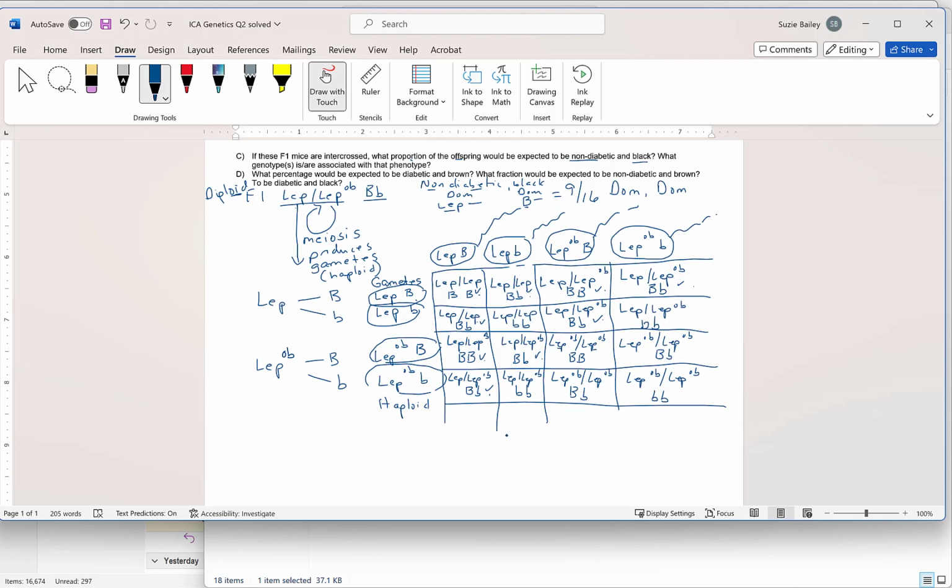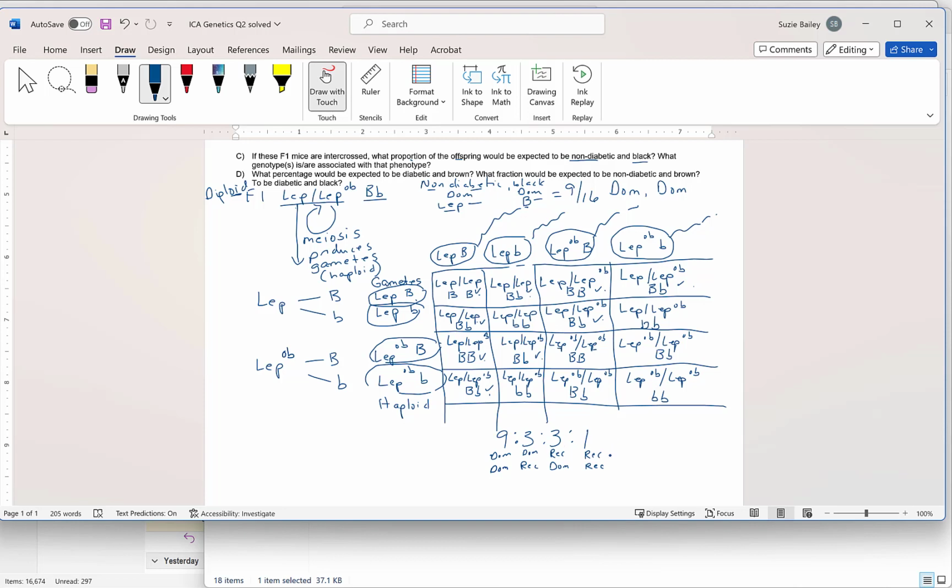We expect to get that 9 to 3 to 3 to 1 ratio, where 9/16 we expect to have the dominant phenotype at both, 3/16 we expect to have the dominant phenotype at one, recessive at the other, 3/16 we expect to have the reverse, recessive at the first and then dominant at the other, and then 1/16 we expect to be recessive for both traits under investigation here.